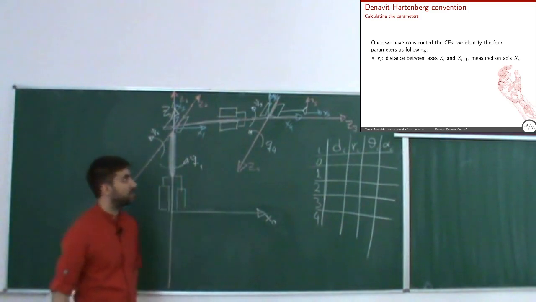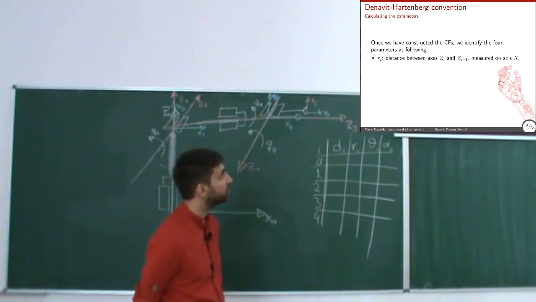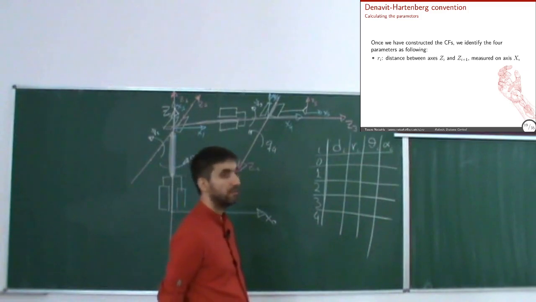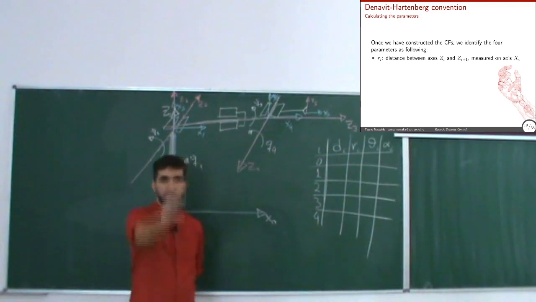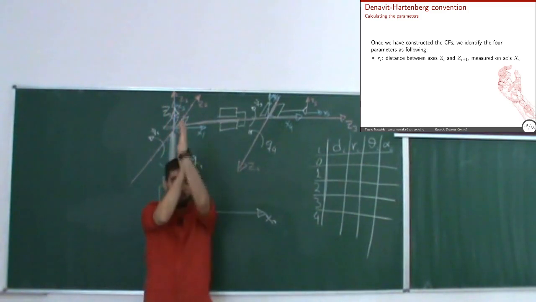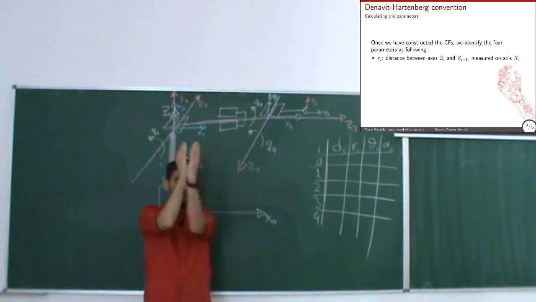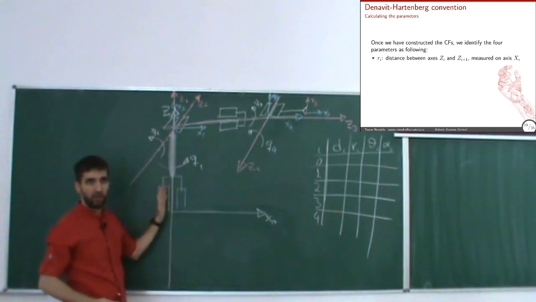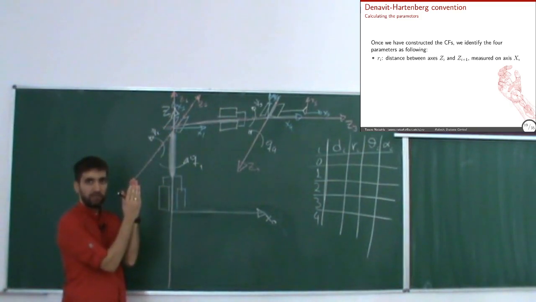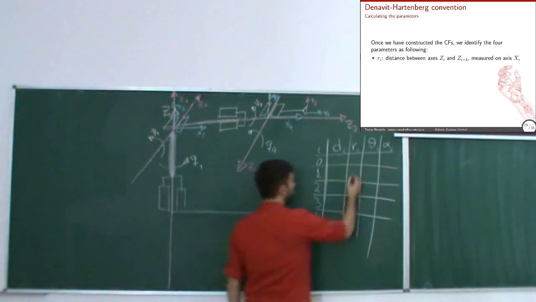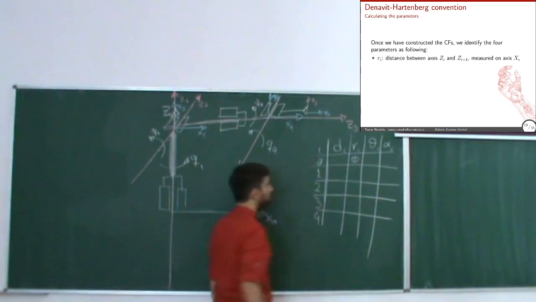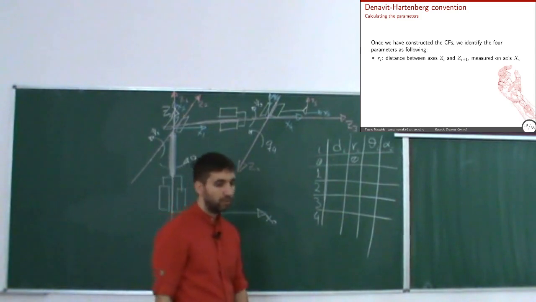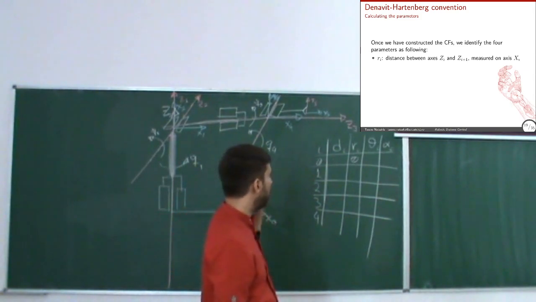What is R0? The distance between Z0 and Z1. They are parallel and collinear, so it's 0, right? One is on top of the other. Good. What was alpha?